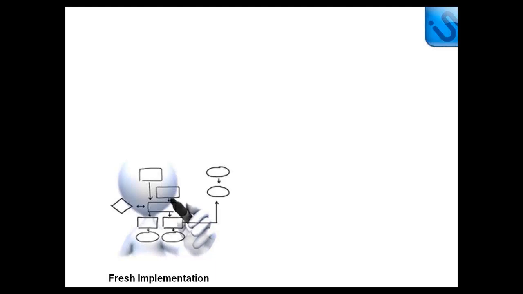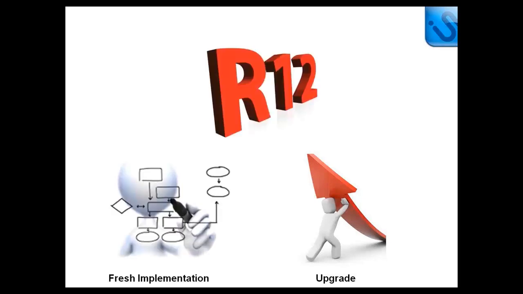So they were really doing fresh implementations. These days, we find a lot of people are going for standard upgrades, and some of them are even just fresh technical upgrades. They're not really changing a lot of the functionality. But either way, you are going to Release 12, and there's some new things that we think are really useful to know about regarding how you can go ahead and access your information that's out there.